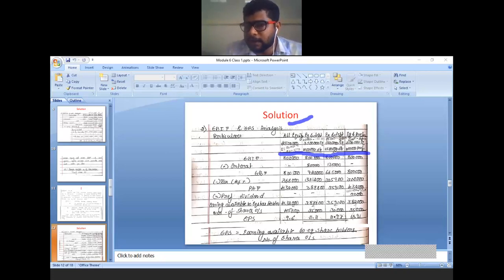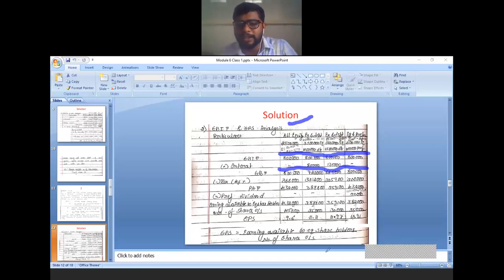In the case of third plan, 15 lakh rupees is the debenture capital. 15 lakh into how much percentage? 9% debenture interest. So 1,35,000 is the debenture interest. Fourth plan, debenture interest is not there. EBIT minus interest, EBT. Here 8 lakh itself, here 7 lakh 20, here 6 lakh 65, here 8 lakh.